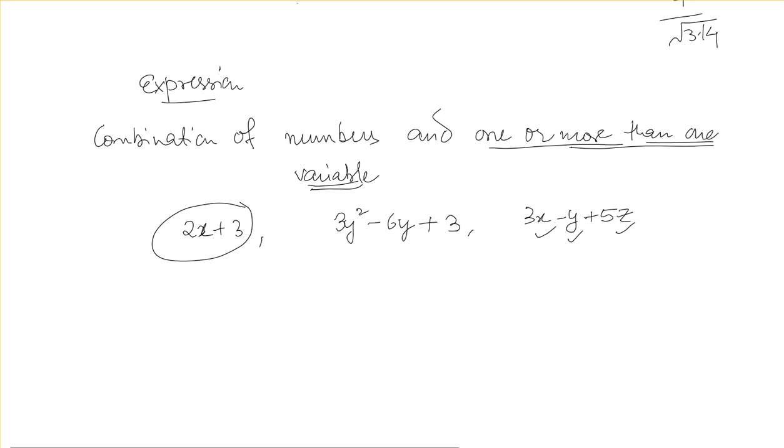Multiply and divide don't distinguish between terms. So there is one plus sign working as a separator. 2x is the first term, 3 is the second term. We have two terms. Here we have 1, 2 and 3 terms. So at first we learnt about expression, and thereafter we learnt about term.